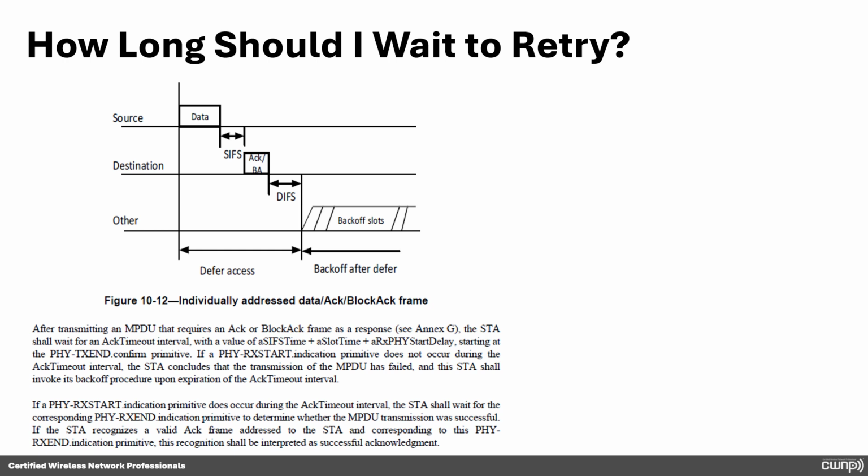If a PHY-RXSTART.indication primitive does not occur during the ACK timeout interval, the station concludes that the transmission of the MPDU has failed, and this station shall invoke its backoff procedure upon expiration of the ACK timeout interval. If a PHY-RXSTART.indication primitive does occur during the ACK timeout interval, the station shall wait for the corresponding PHY-RXEND.indication primitive to determine whether the MPDU transmission was successful.